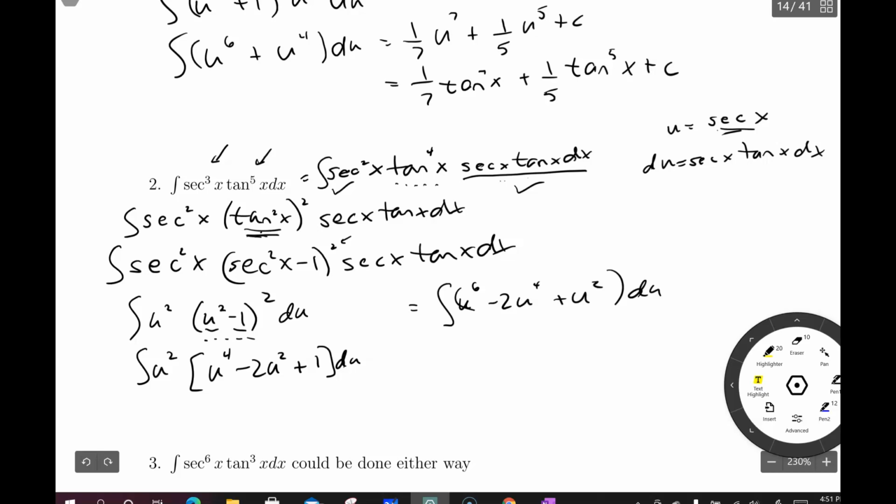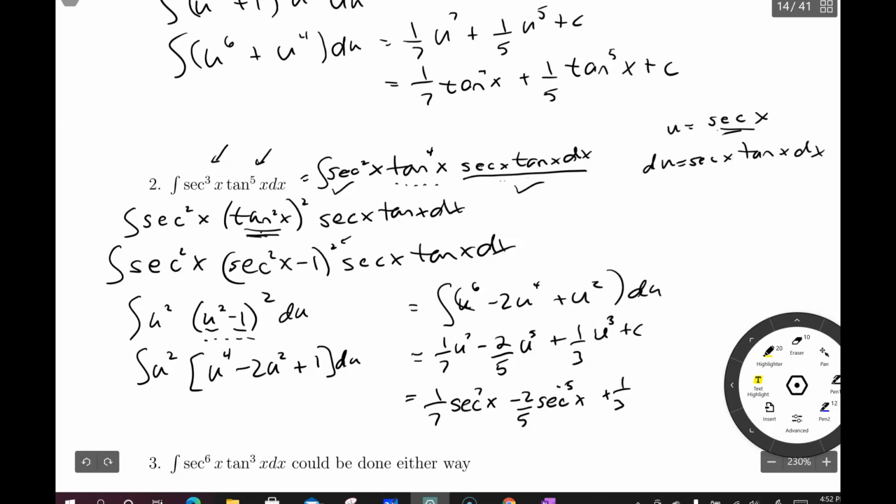And finally, oops, sorry, that was kind of messy. So finally, adding 1 to the exponents. And putting the trig function back in. Secant to the fifth and 1/3 secant cubed x plus c.